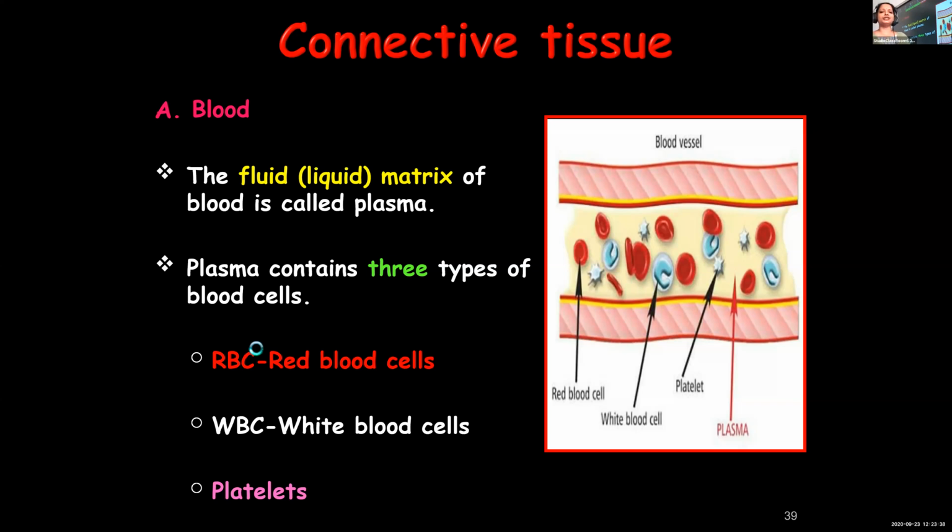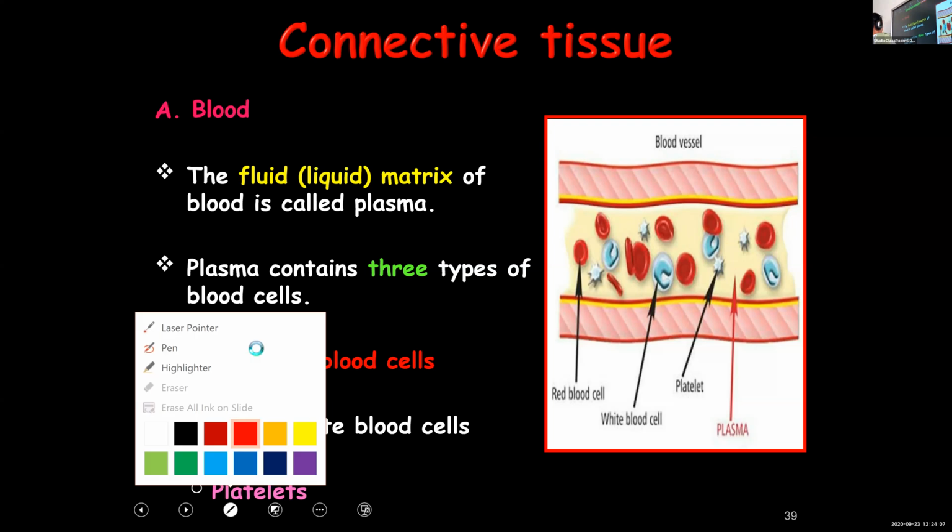Even though the function is not mentioned in your textbook, I think you're familiar with the functions. Have you learned about the functions of each one, children? Red blood cells: anybody have an idea what is the function of red blood cells? Okay. Red blood cells help in transporting oxygen. They have a pigment. Have you heard about the pigment present in your blood?